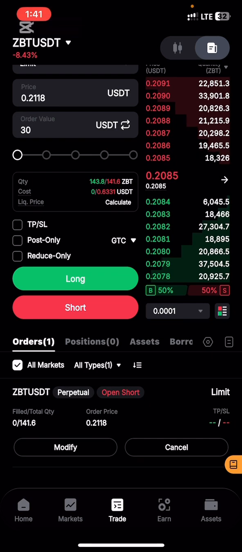Now this is a trade right here. You can see I haven't entered the market yet, but I have set it up with the limit. Now if the market price gets to my setup, which is 0.2118, it will take me directly into the market immediately.